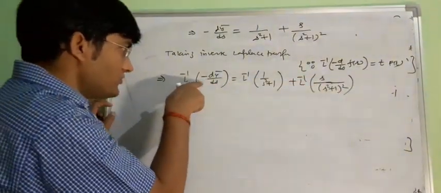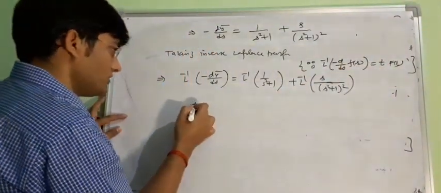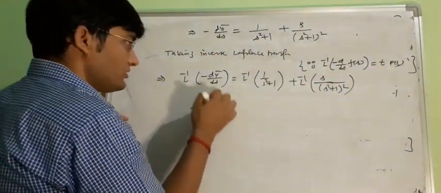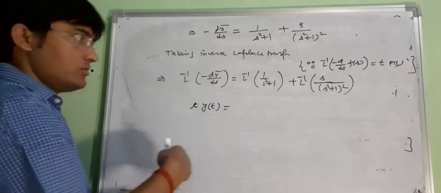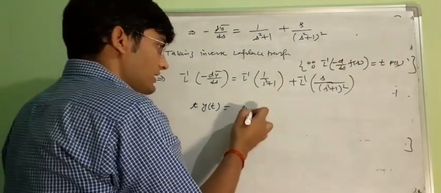Now this Laplace inverse of minus dy bar upon ds will be t into y(t), because the Laplace inverse of y bar is y(t), and the Laplace inverse of 1 upon s square plus 1 is sin t.